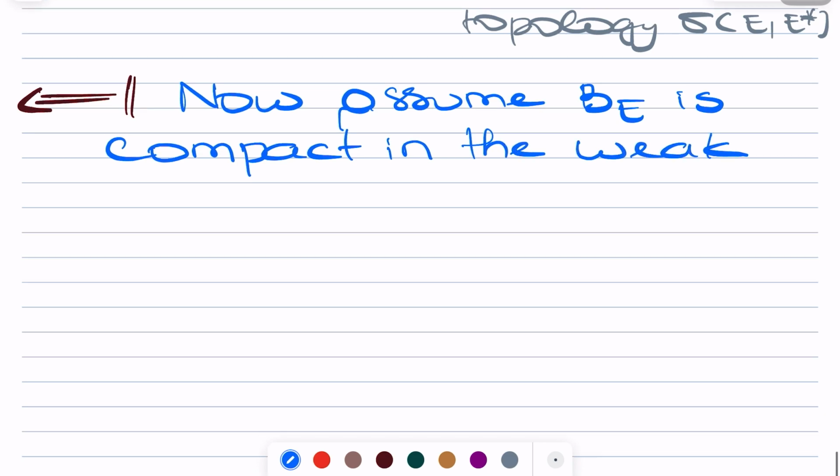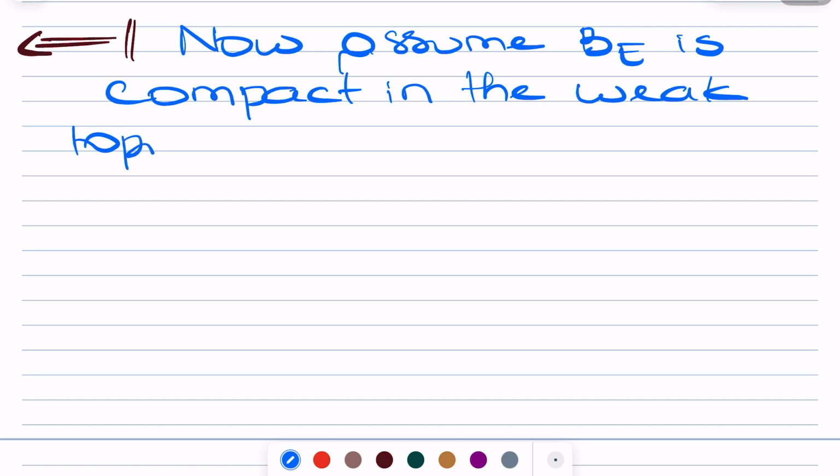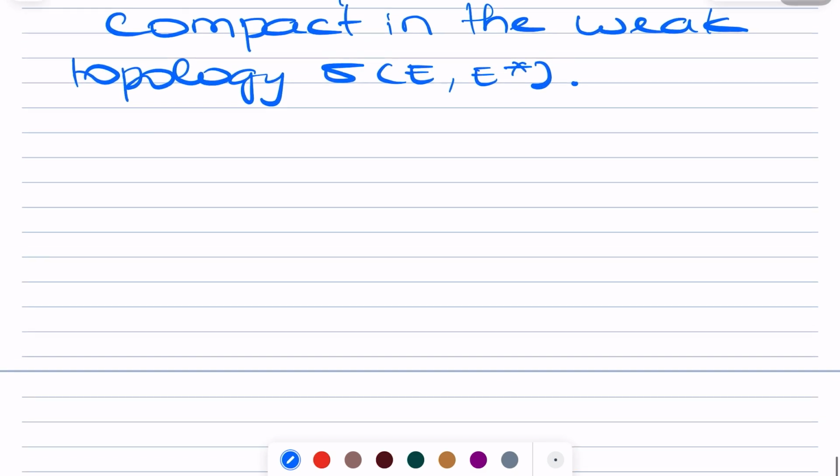In the weak topology sigma(E, E star). So the canonical embedding, this is just a recall.